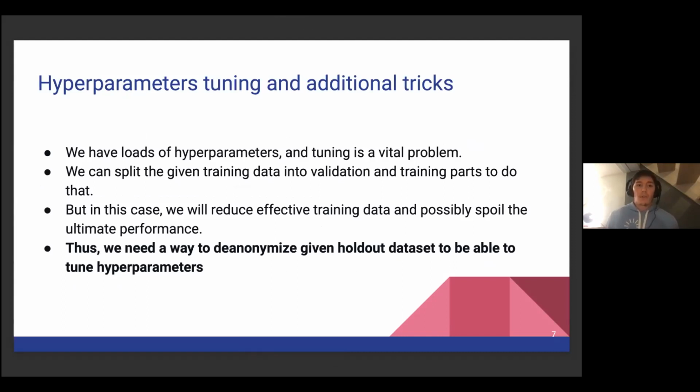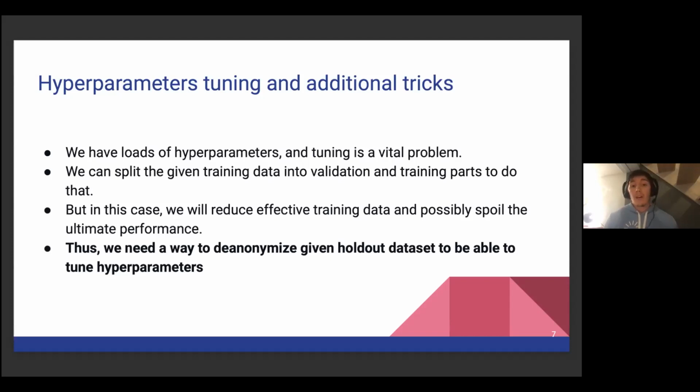Apparently, we have loads of hyperparameters for our method. We can artificially split them into two groups. The first group is classical for all deep learning models, like the strength of L2 regularization or the temperature of the likelihood.